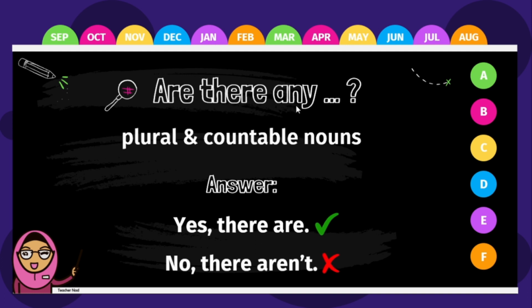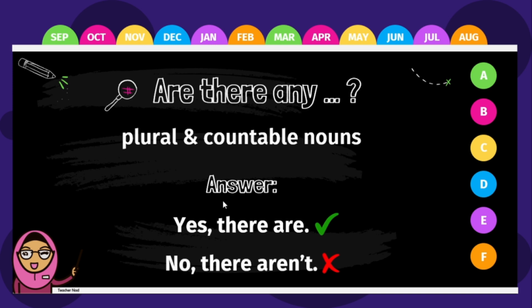Are there any? Are there any is used for plural and countable nouns. Alright? Benda yang banyak dan boleh dibilang. For example, in previous lessons, we have candies, apples, bananas, carrots, alright, and many more.